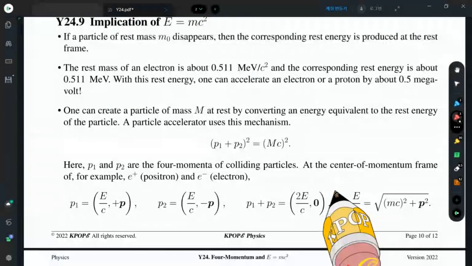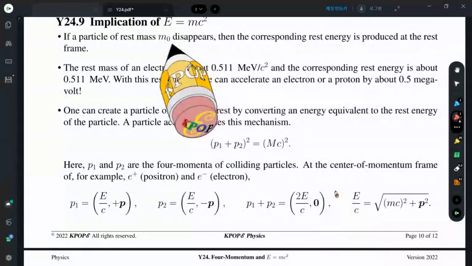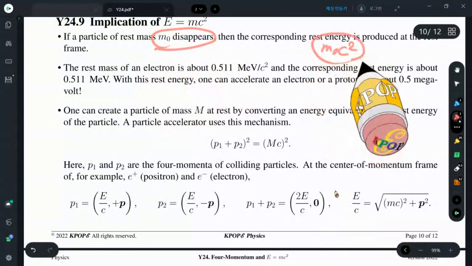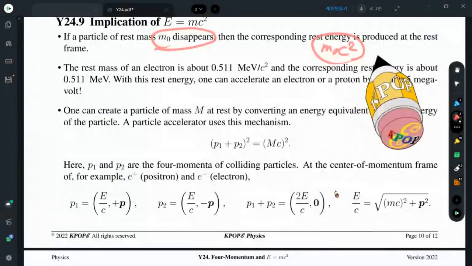So because of this, when the mass disappears, a huge amount of energy can be made. For example, if a particle of rest mass disappears, we have m0c squared, a large amount of energy to go.